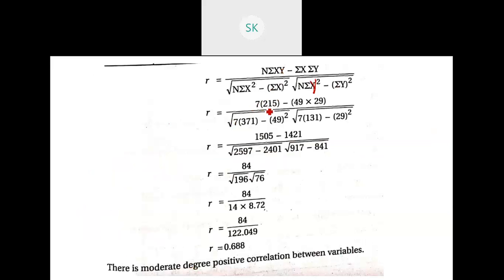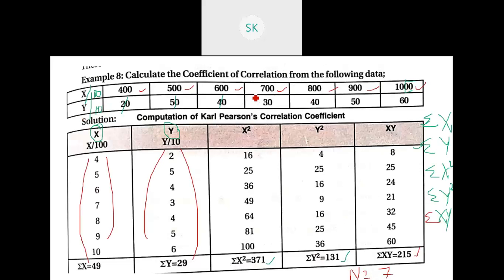Then xy is 215, which we calculated, minus summation x is 49 times summation y is 29, whole divided by square root of n, which is 7 as usual, because once we take n, it remains the same for all the values. So 7 into x square. Let's confirm once again: x square is 371, y square is 131.